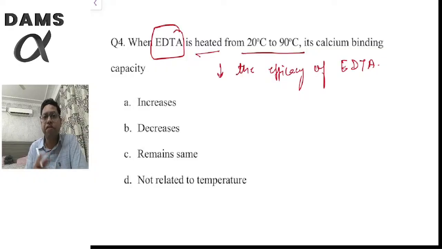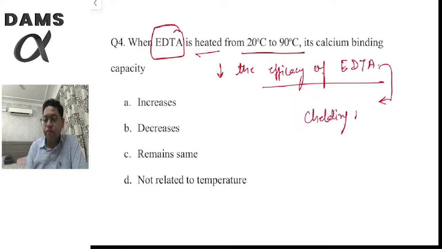With sodium hypochlorite, we have seen previously that its efficiency increases by heating, but the efficiency of EDTA decreases by heating. It is a primary chelating agent. Chelating agent means it binds the calcium ions and opens up the root canal up to about 50 micron depth.